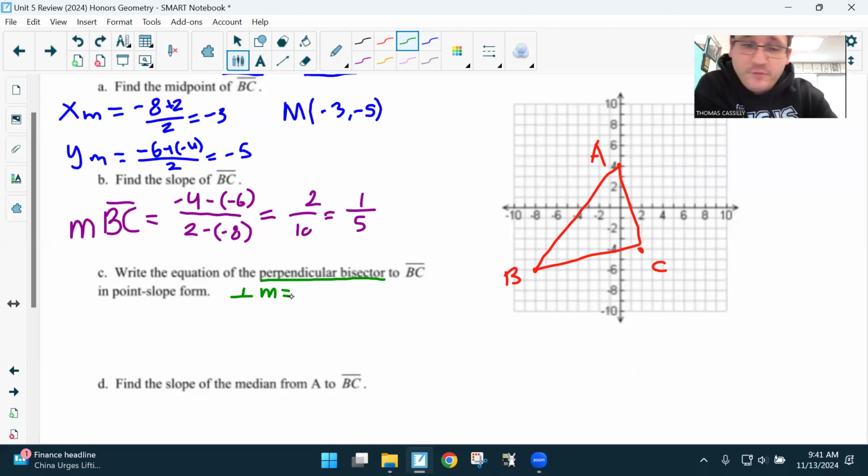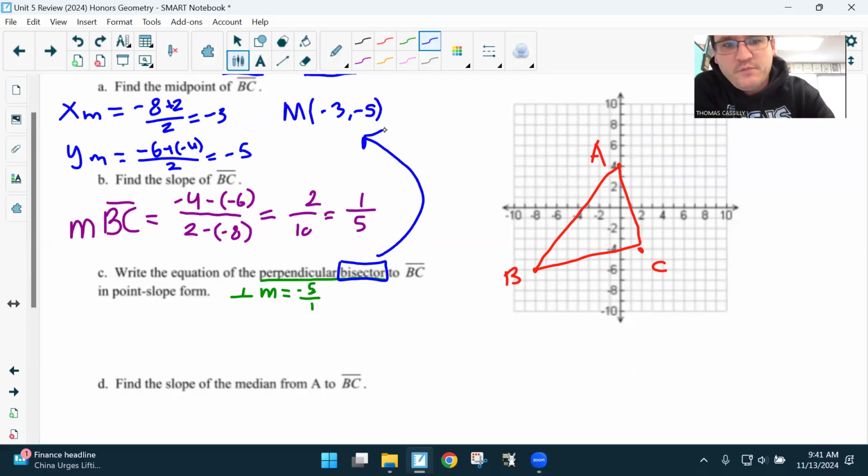So remember, the original slope is 1/5. That means the opposite reciprocal is -5/1. And now it is a bisector. What is a bisector? Well, a bisector is something that passes through the midpoint. We found the midpoint already.